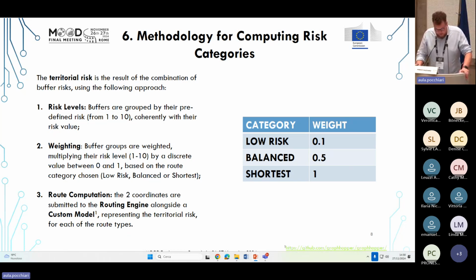We weight these buffered areas in such a way that high-risk areas that are classified in lower classes are even more weighted to be under risk. And instead, for what concerns the shortest route, we just assign a risk that is 1. So for the GraphHopper custom models, there is absolutely no risk, so that value is ignored.